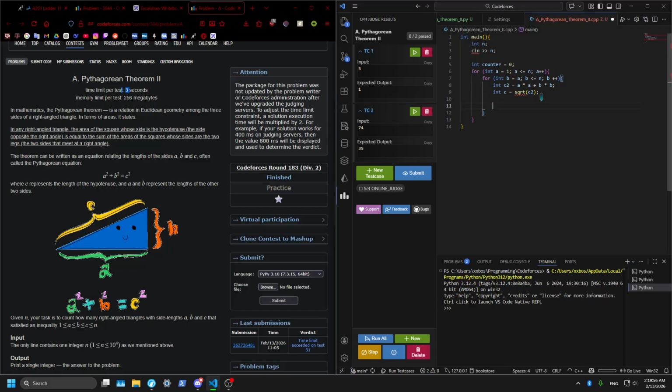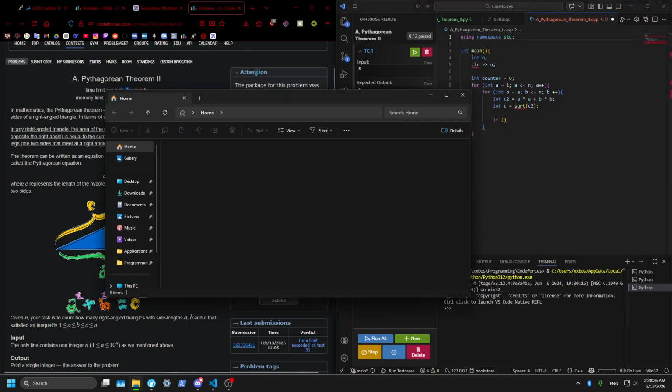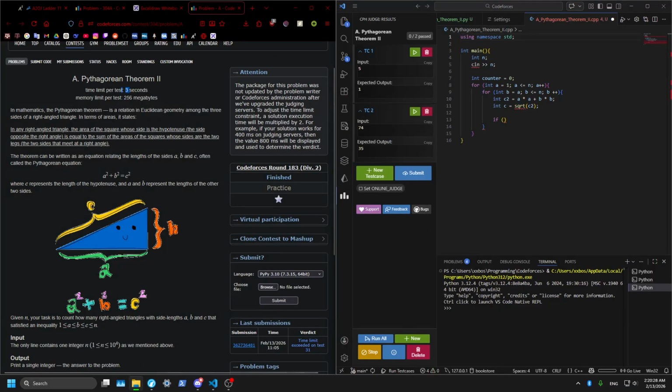Okay, so I'm pretty sure this is because I need to include using namespace std, and then cin is undefined. It's over. Do I have C++ on this PC? Hold on, let me double check. I should. I have.